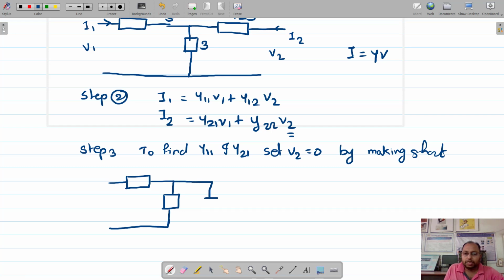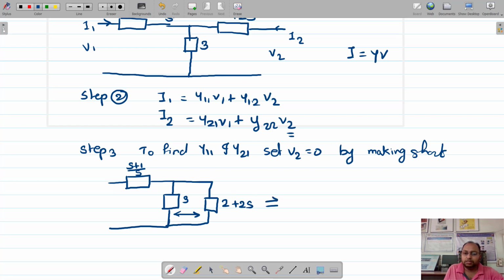So this 2 plus 2s will be in parallel with this 3 ohm resistor, and this is S plus 1 divided by s. We need to reduce this parallel combination.